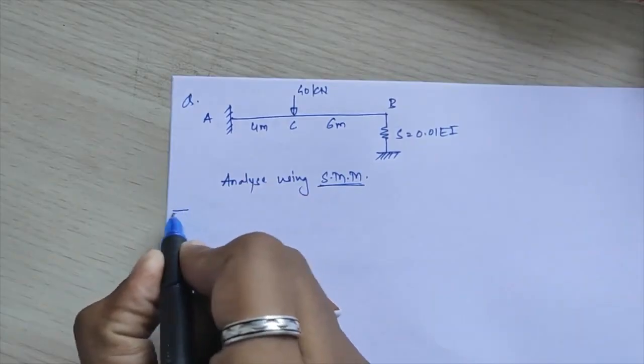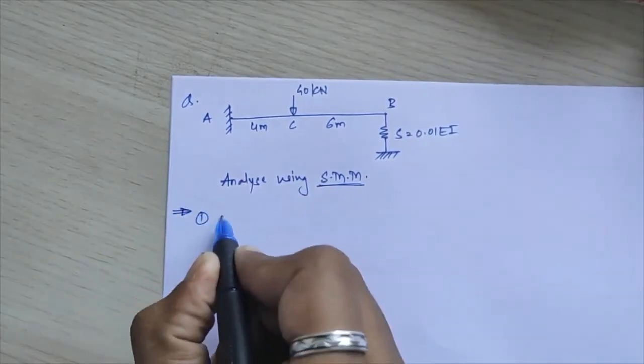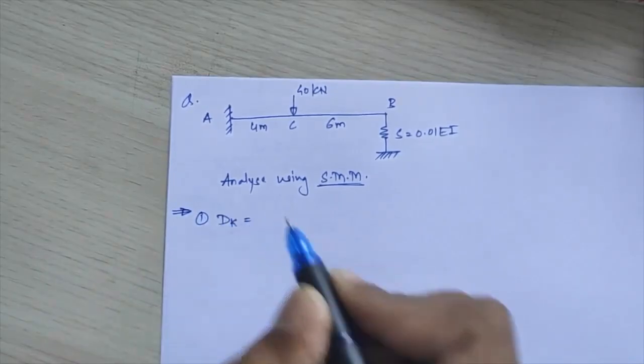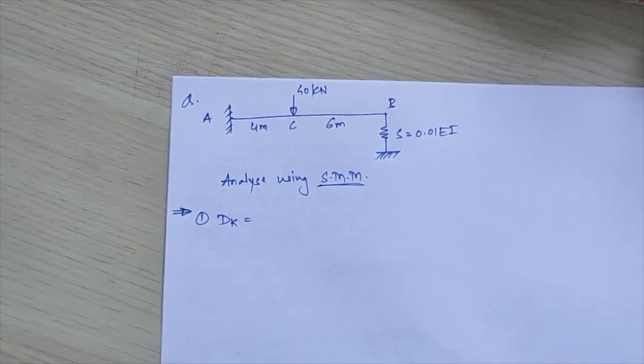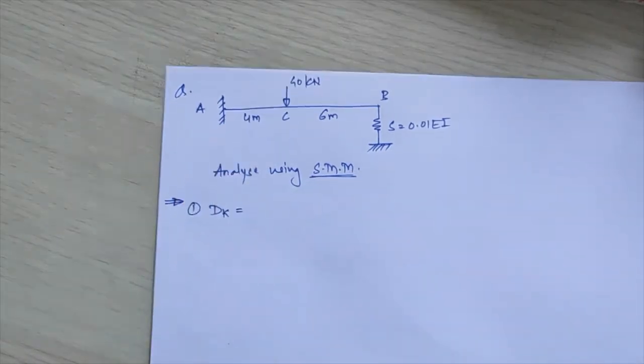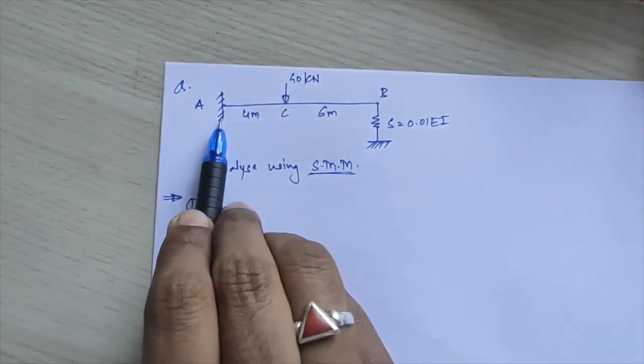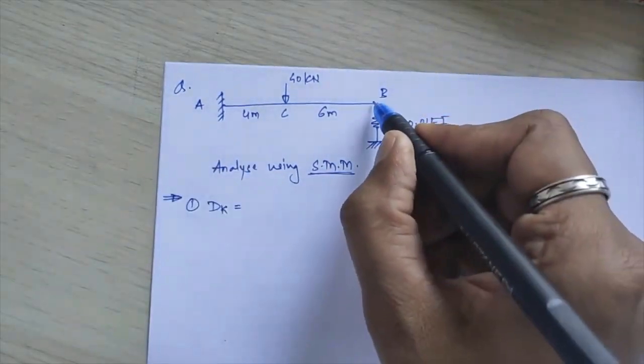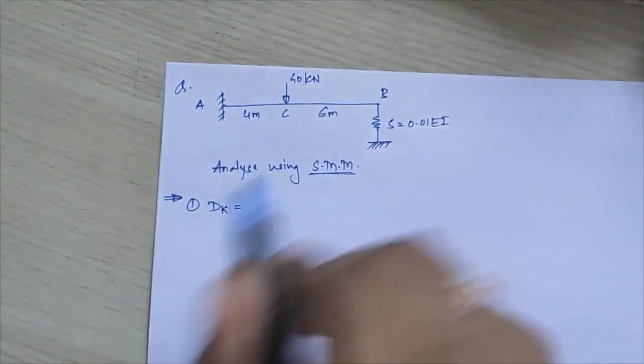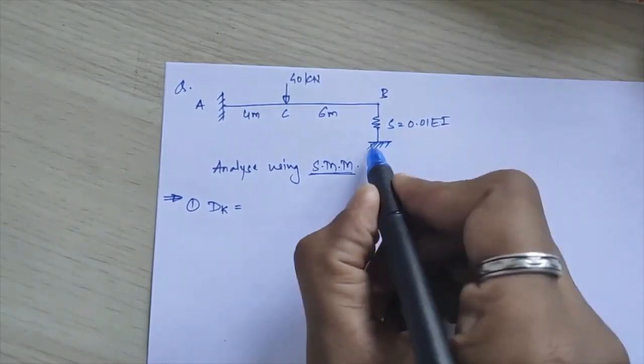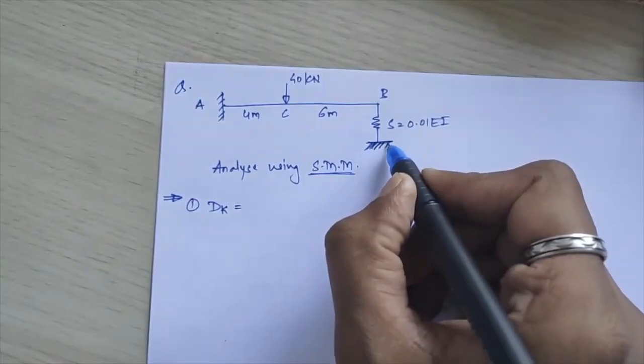We'll start with the first initial step, that is, we'll calculate the degree of kinematic indeterminacy, DKI. If you see this structure properly, at A a fixed support is provided, but there is no support provided at B. Along with that, for this spring a fixed support is provided.